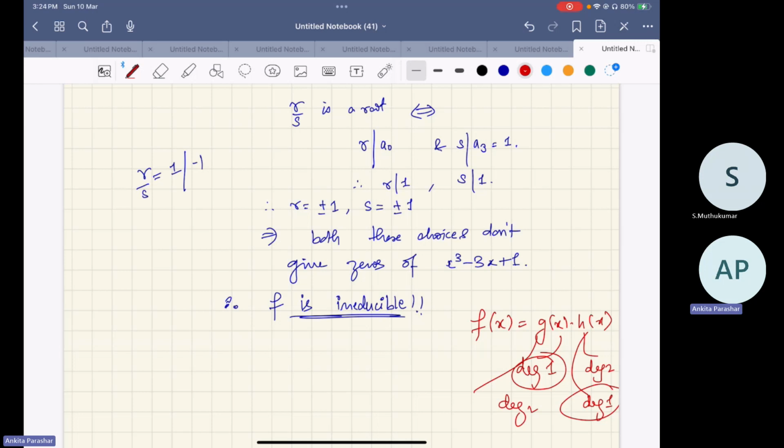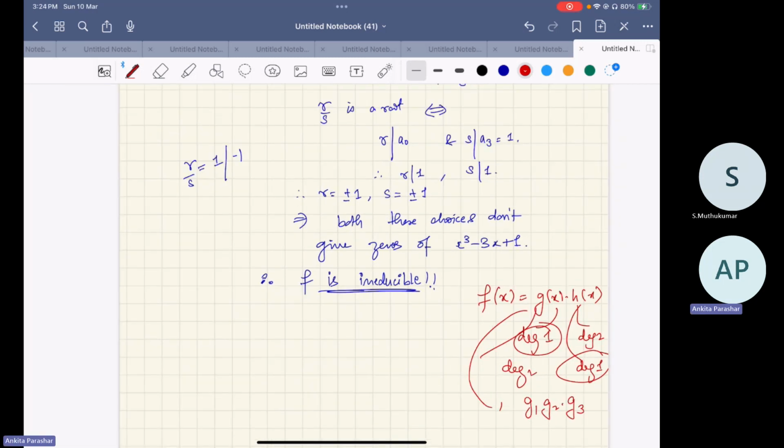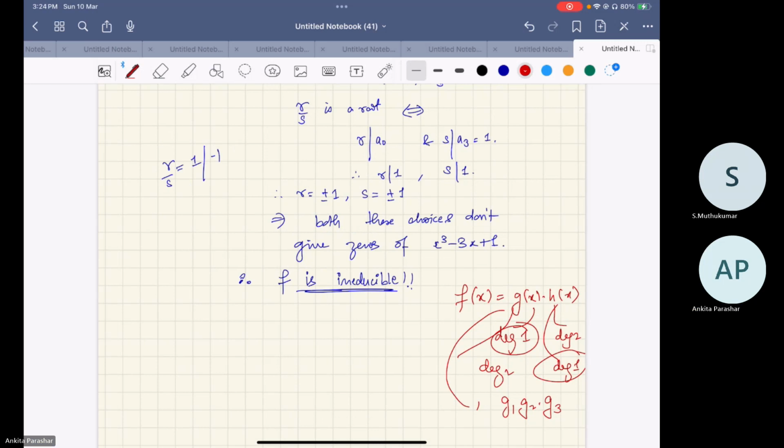And we have seen that there is no root in it. So for degree 3, it's enough to say that it does not have a root. But for more than 3, you have to say something else also. There can be two quadratic polynomials, but that situation does not apply for degree 3. This is okay, right?